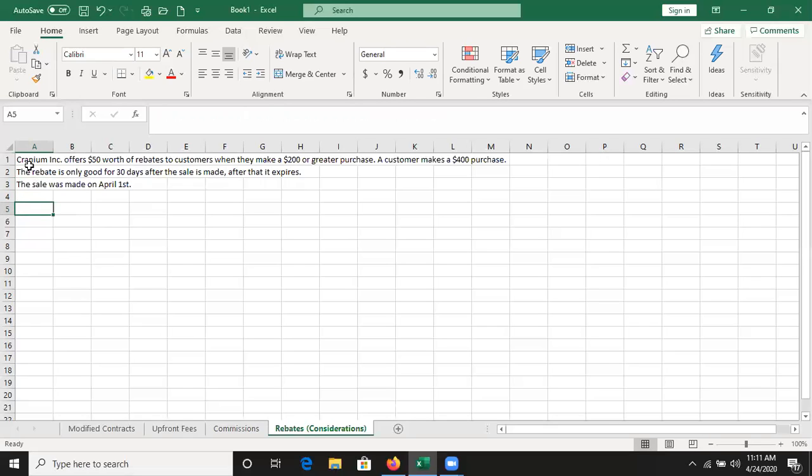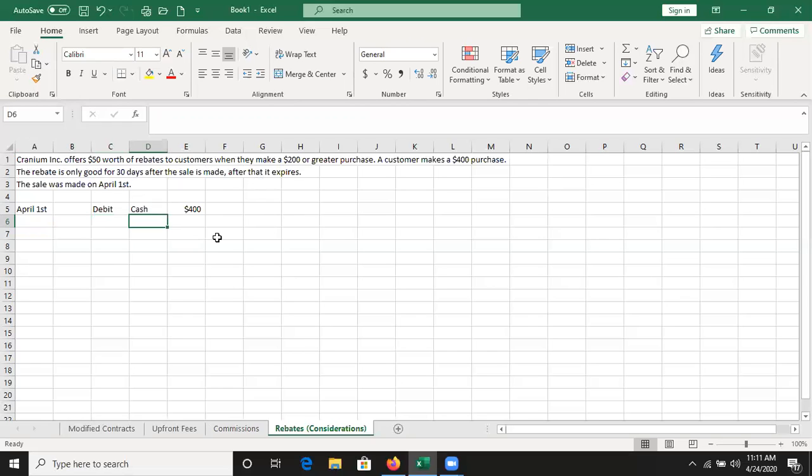Okay, Cranium Inc. offers a $50 rebate when a customer makes a $200 or greater purchase. This specific customer makes a $400 purchase. So on April 1st, we would debit cash. Again, we're assuming cash for everything, for $400. Now our credits, normally if there's no rebate, we would just credit sales revenue, $400. Okay. Now this customer does qualify for the potential to get the rebate because their purchase was greater than $200.